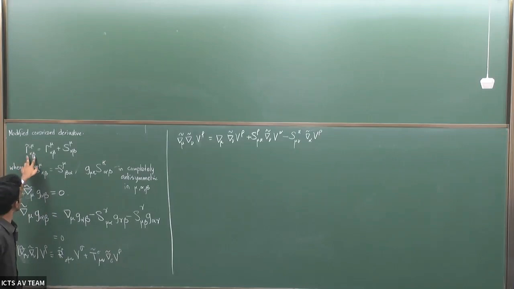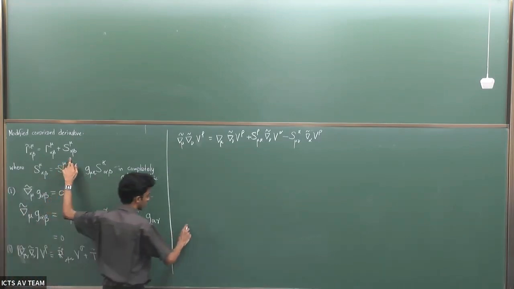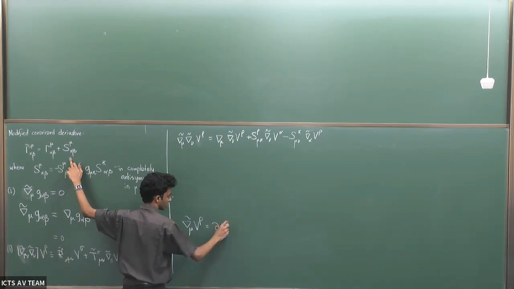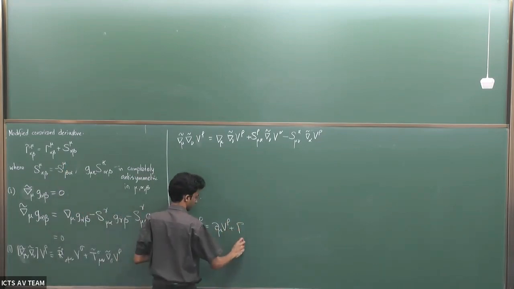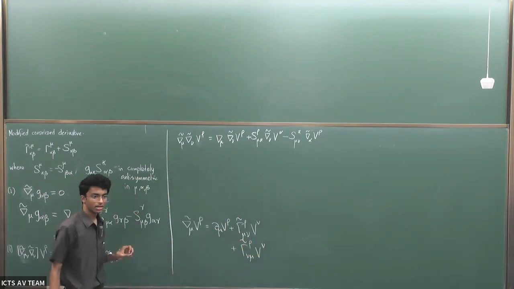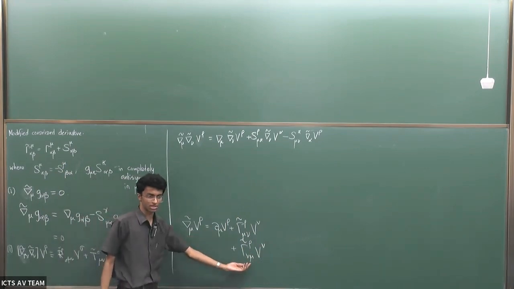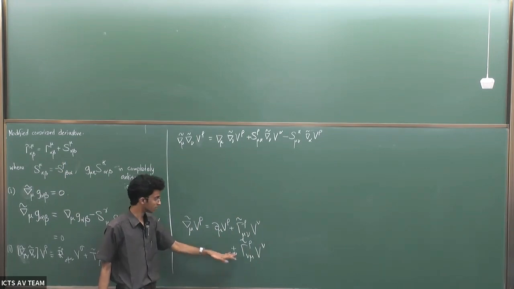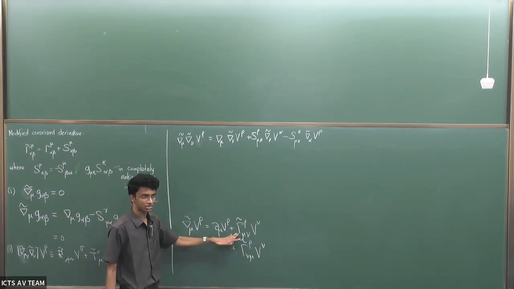That is the same because the Levi-Civita connection is symmetric in the lower two indices, but it's not anymore because of the S. So when you're defining a covariant derivative, say del mu V rho, you have to be careful about whether you define it like this or like this. These two are different definitions because this is no more symmetric. This is the conventional definition, but you're free to use the other; there's no real problem. But I will use this definition, which is the conventional one.